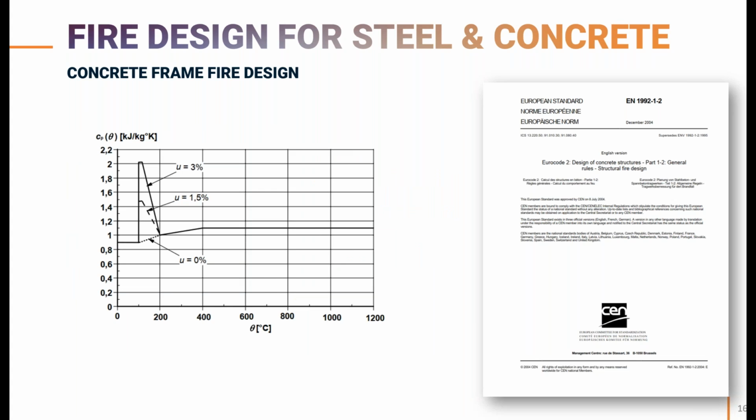For concrete, we have another important factor in our calculation, and this is the moisture content of the member. This influences the specific heat factor here. And as we can see, it influences the calculation for temperatures less than 200 degrees.